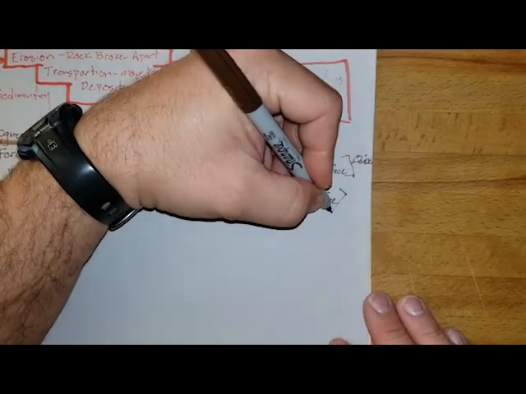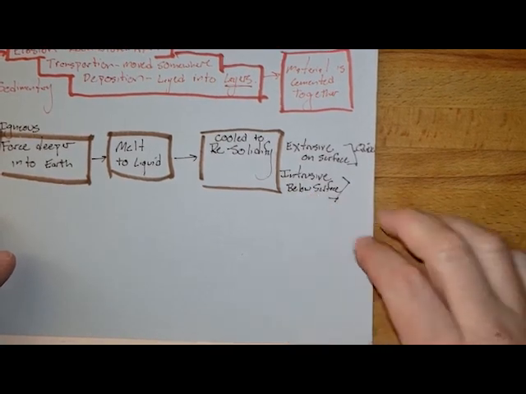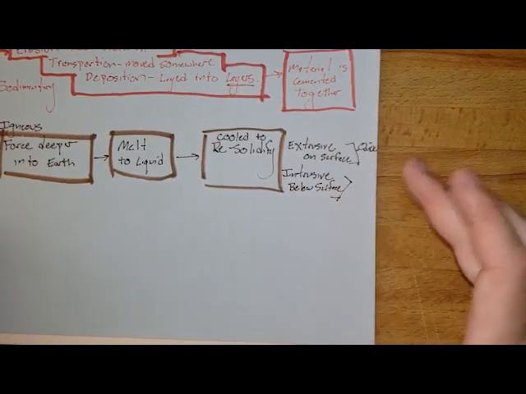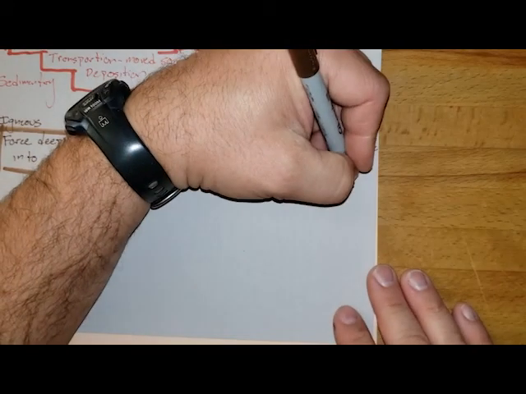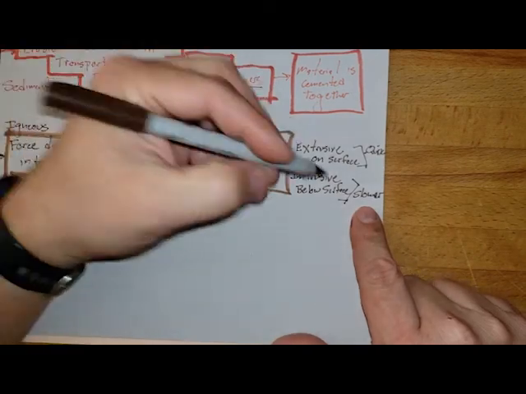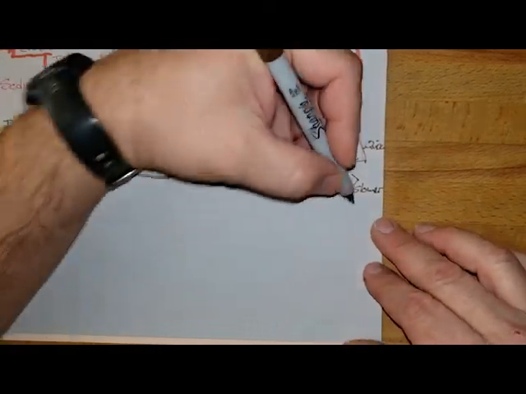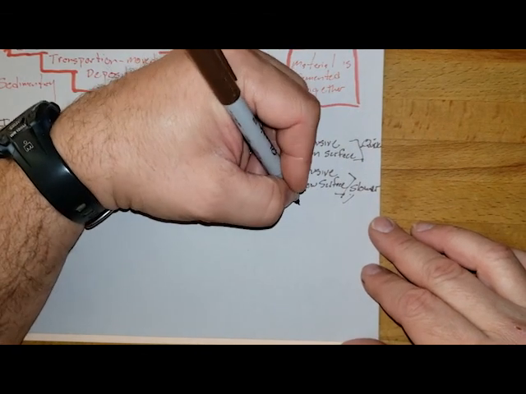And that typically isn't going to be in a really cold area. So when our intrusive igneous rocks are forming, that's going to be a much slower cooling process. With that slower cooling process, oftentimes we're going to start to see crystals forming, so a crystalline formation.